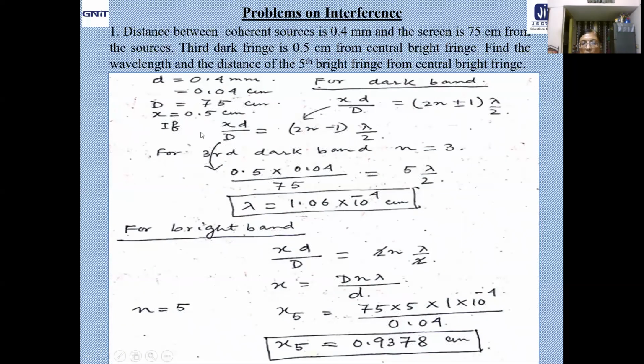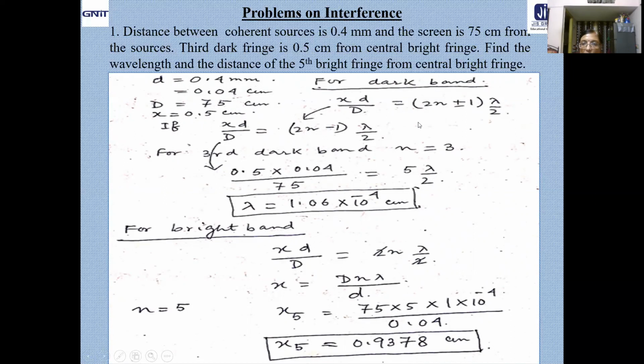Now, if you consider the dark one, it is better to take the minus sign, because in that case for third dark band, you can directly put n equal to 3. You can do the problem with 2n plus 1. In that case, n will be equal to 2. So be careful about this point, because at the center there will always be bright. So n equal to 0 doesn't represent the zeroth dark or central dark. Okay, n equal to 0 in the formula with plus 1 represents the first dark.